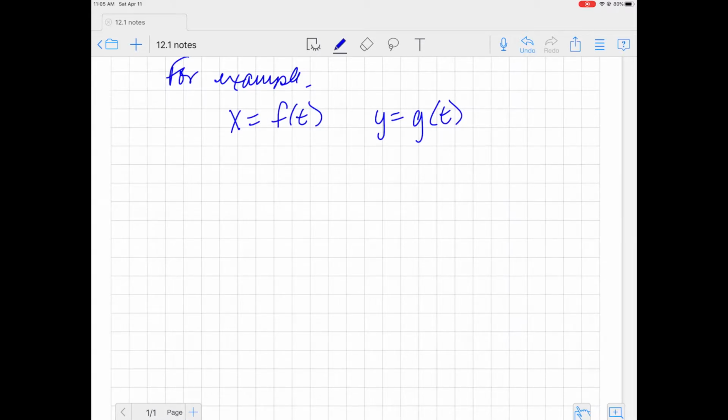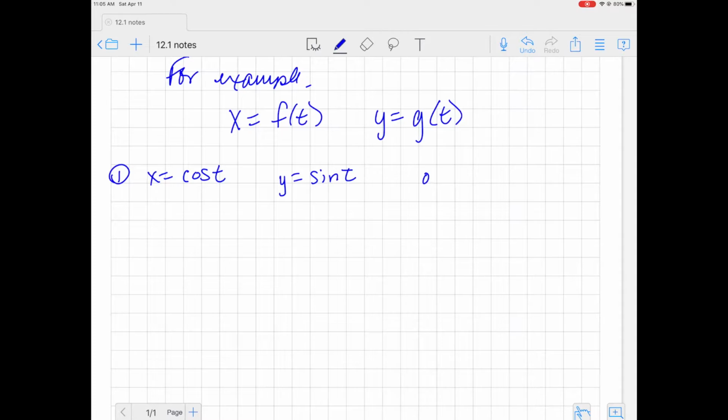All right, let me show you an example and see if this helps out. So, here's our first one. I have x is equal to cosine t and y is equal to sine t. And when you have these parametric equations, you have to define t. What am I talking about in terms of t here?